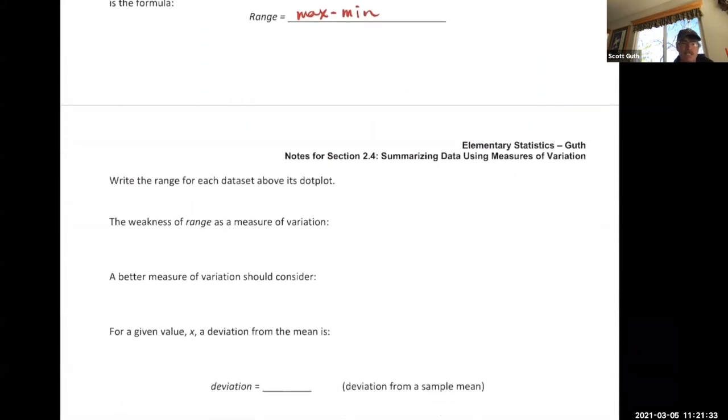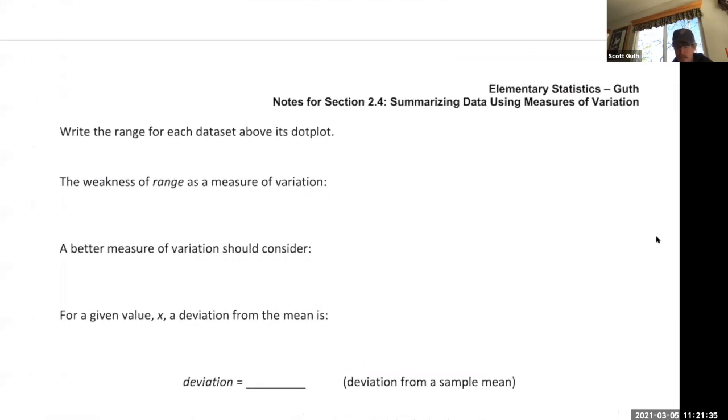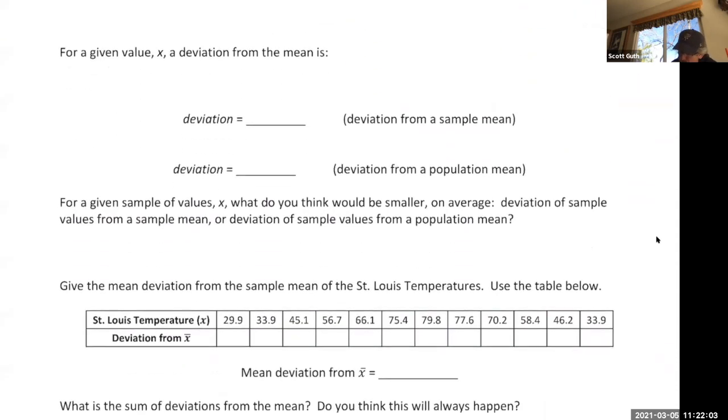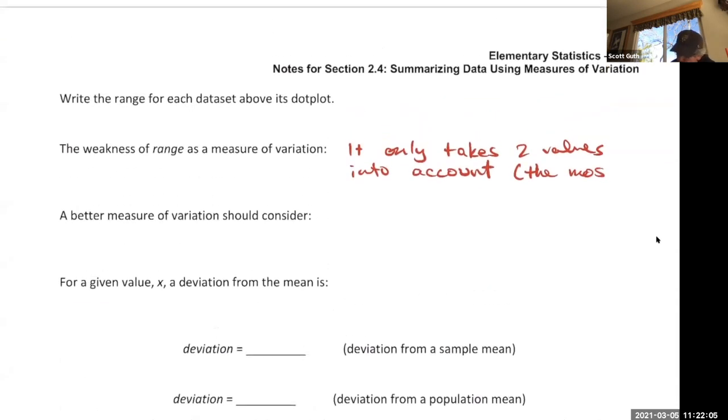So we've done this next part. The weakness of range as a measure of variation is it only takes 2 data points into account, the max and the min, and they are the most extreme values, which is also a bad thing because extreme values can be suspicious sometimes.